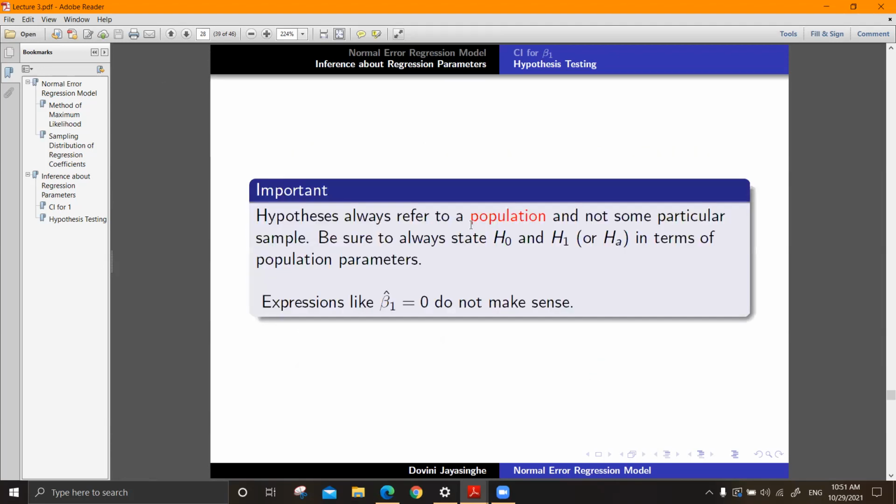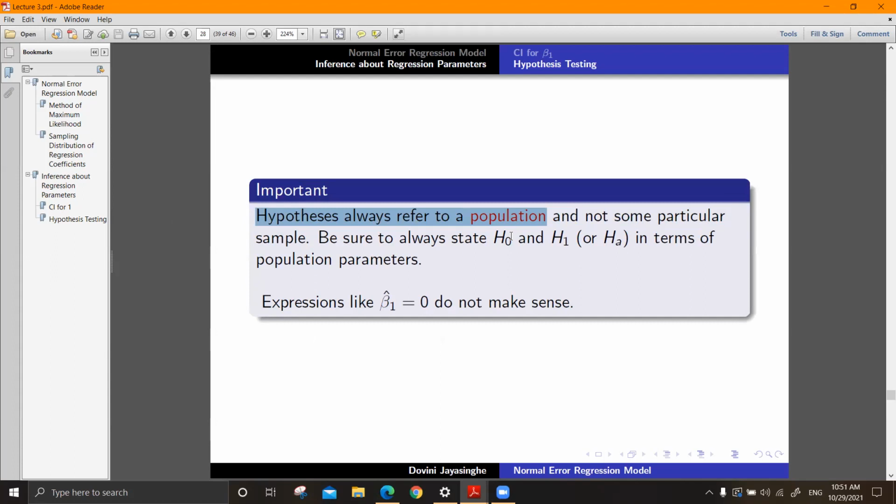Important: hypotheses always refer to a population. This is where people go wrong, I don't know, without knowing or with knowing, it's very wrong. Hypotheses always refer to the population. We are not interested in checking a sample statistic because we have the data set. We know how to compute mean, median, variance, mode, and all that.